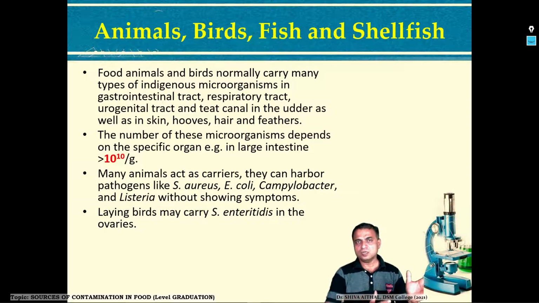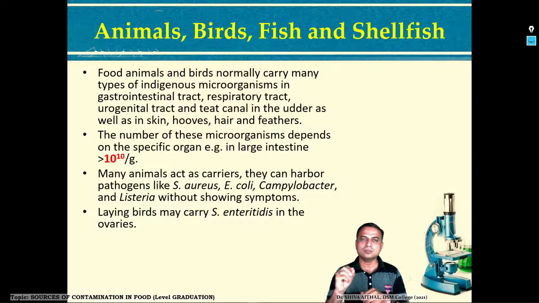Now from the livestock, like animals, birds, fish and shellfish, that is the seafoods used as food, they carry many types of local or indigenous microorganisms in the gastrointestinal tract, respiratory tract, urogenital tract, teat canals, udders, as well as skins, hooves, hairs and feathers.